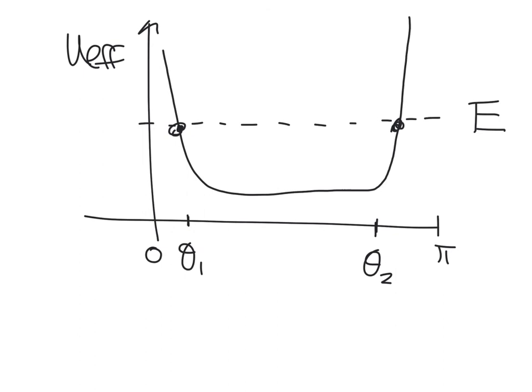And so we'll have our top essentially oscillating back and forth between these two finite values. This oscillation is called nutation, coming from a Latin word meaning to nod frequently. So the top will appear to nod up and down.